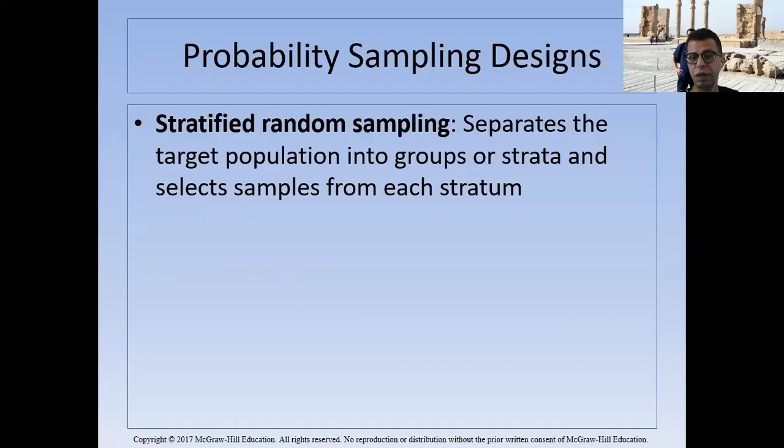Now, stratified random sampling separates the target population into groups, which could be by ethnicity, size of units, or type of units.